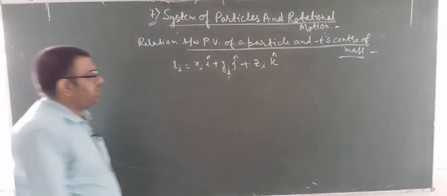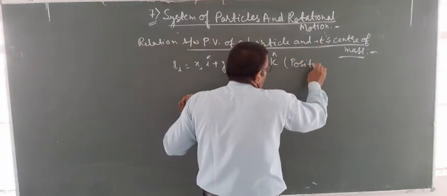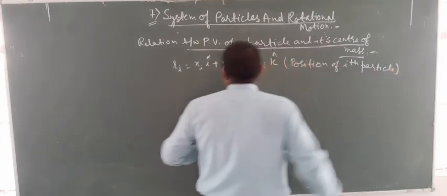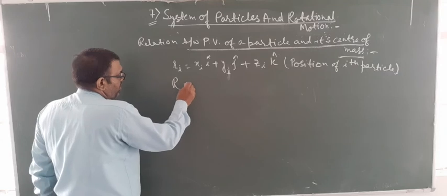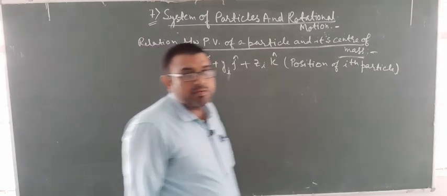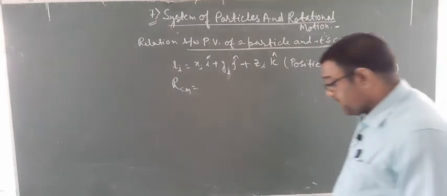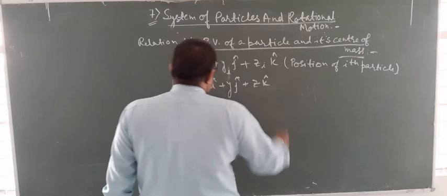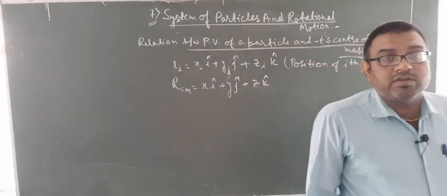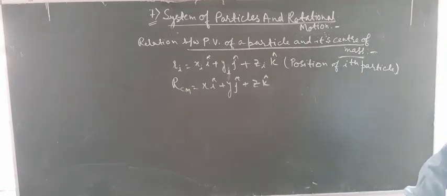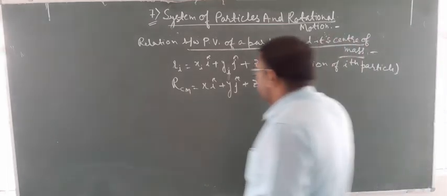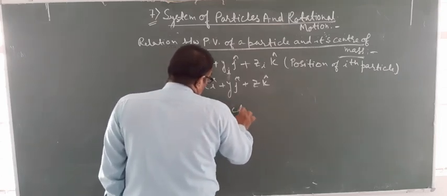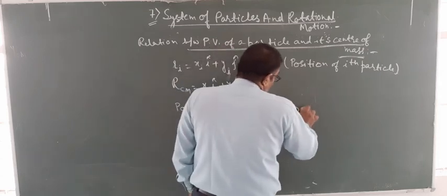This is the position of the ith particle, and R is the position of the center of mass, given as X i cap plus Y j cap plus Z k cap.